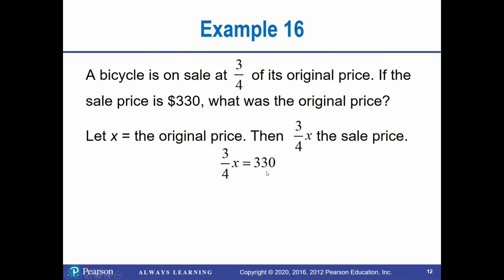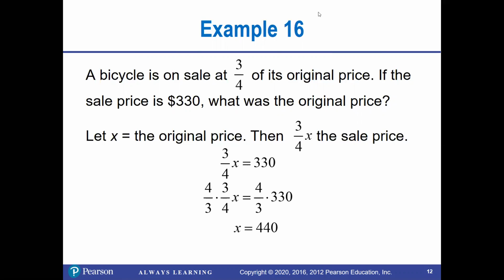Remember, this is the sale price, x is your original price, and we want to solve this. The way the textbook and your examples will play it is you multiply both sides by its reciprocal, the reciprocal of 3/4.